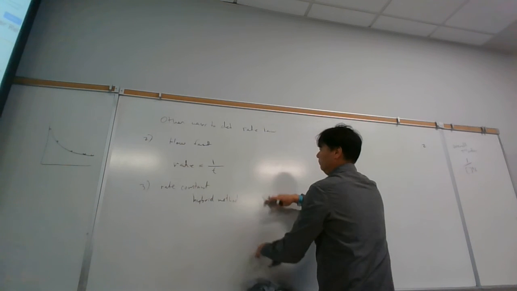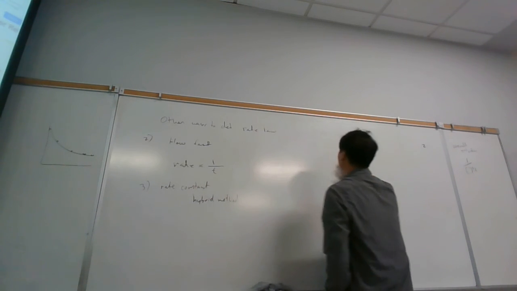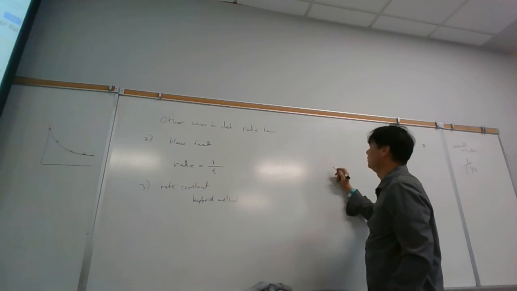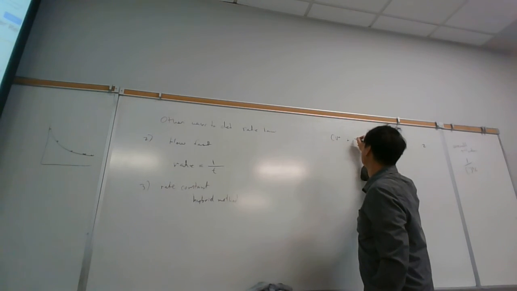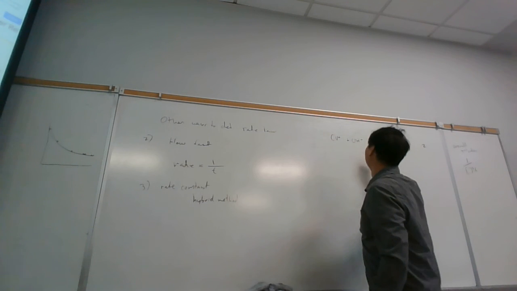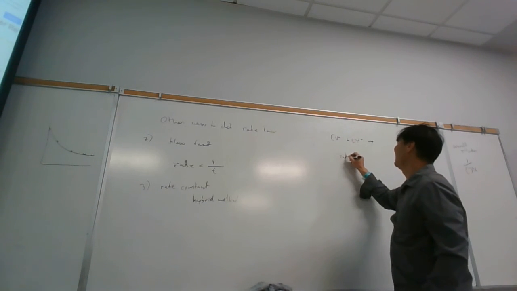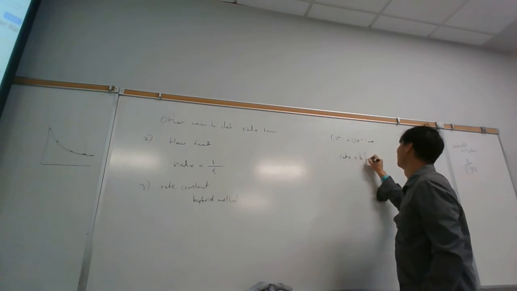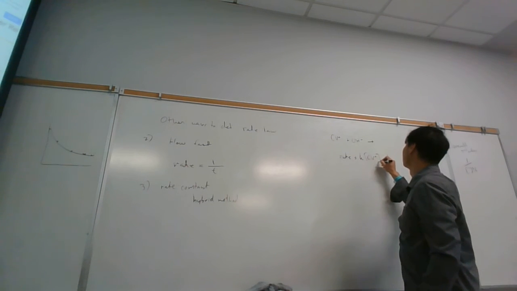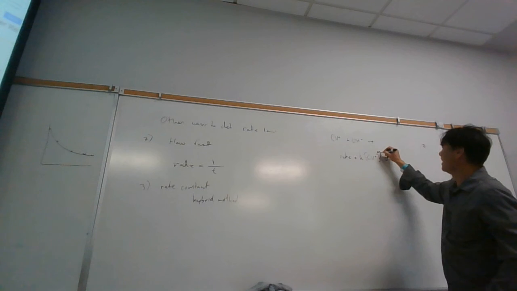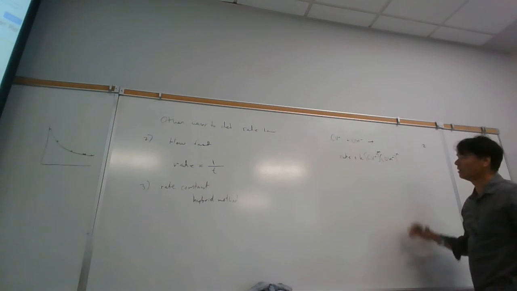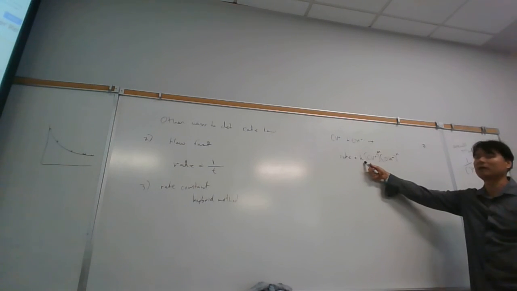What we're going to do is look at the crystal violet plus hydroxide reaction. And we know that the rate is equal to K times the crystal violet concentration times the hydroxide concentration. The crystal violet is to the M power, the hydroxide is to the N power. And we want to figure that out, and we want to figure out what K is.